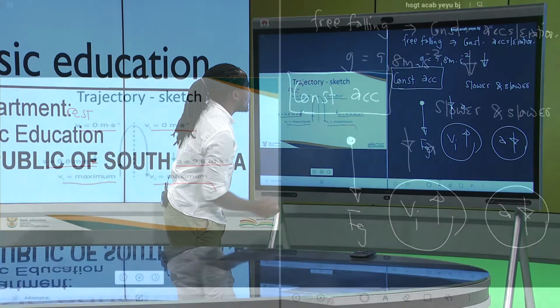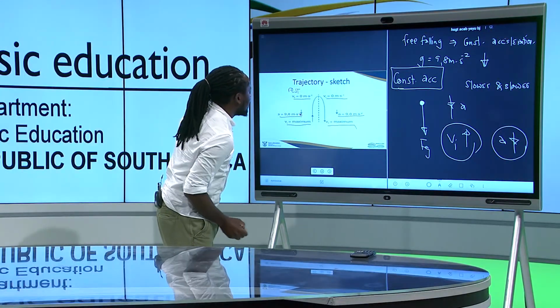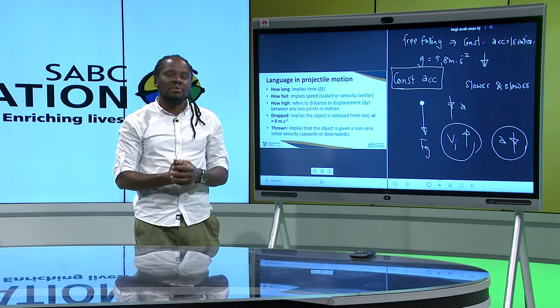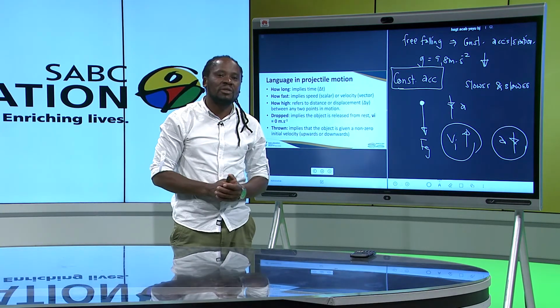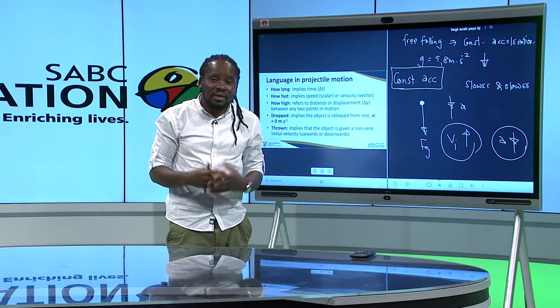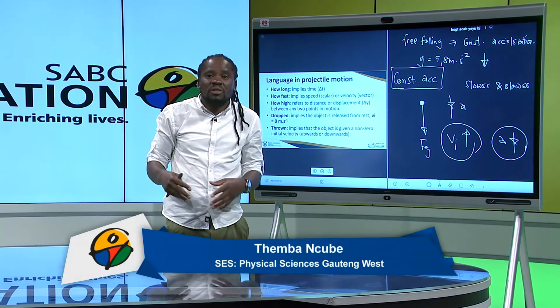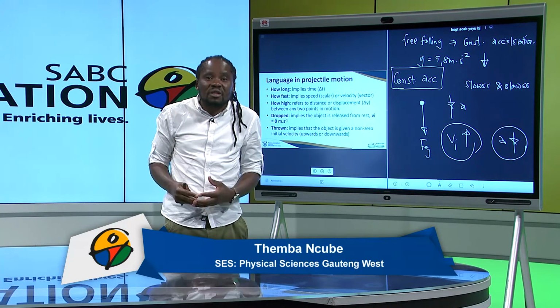Now, maybe we also need to look at the language, which forms a very important component of our science, because science on its own is a language. We have our own terms or terminology, the jargon that is specific to our subjects.